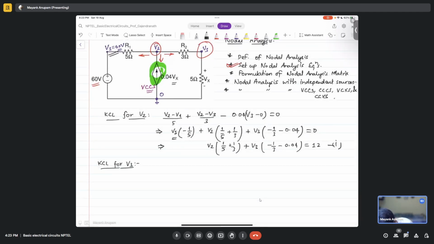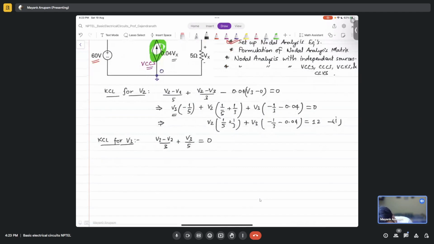V3 minus V2 by 3, plus V3 divided by 5, equal to 0. So this will become V2 into minus 1 over 3, plus V3 into 1 over 3 plus 1 over 5, equal to 0. This is the one, right?